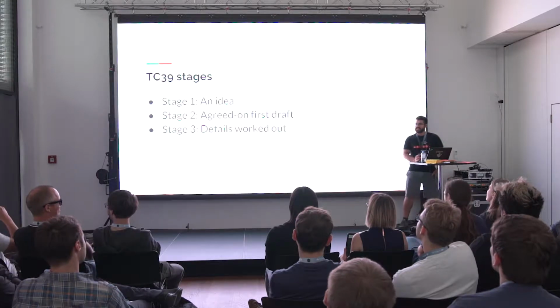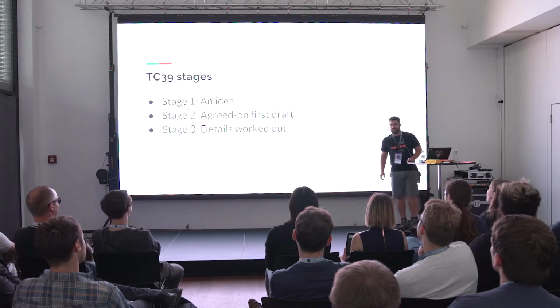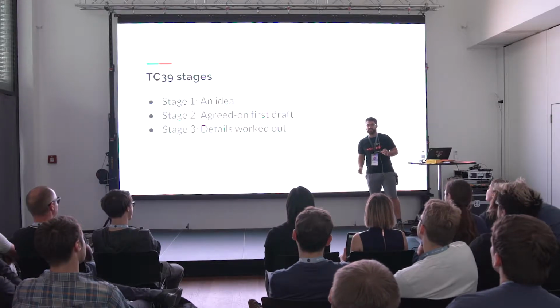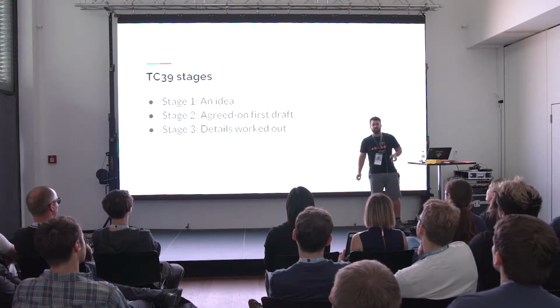At stage 3, the details are really subtly worked out, and from a design perspective it's almost finished, but we need more feedback from draft implementations and maybe some usage. And then at stage 4, we have a full standard that's fully in the language, and at this point you say, this is JavaScript, or at least it's part of the current draft standard that will then be ratified within the next year.